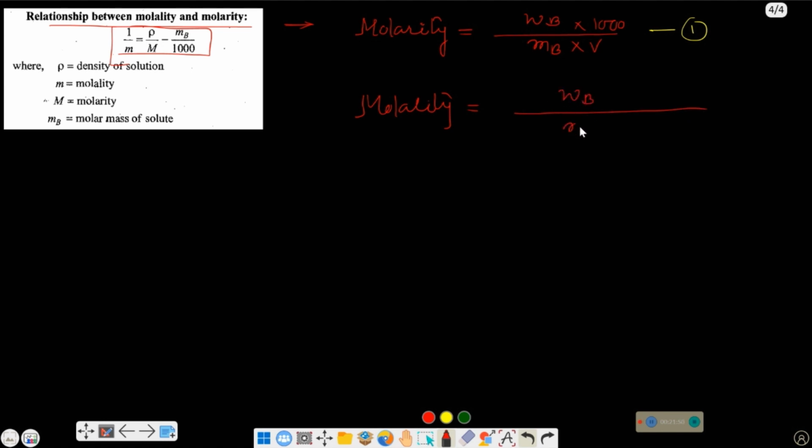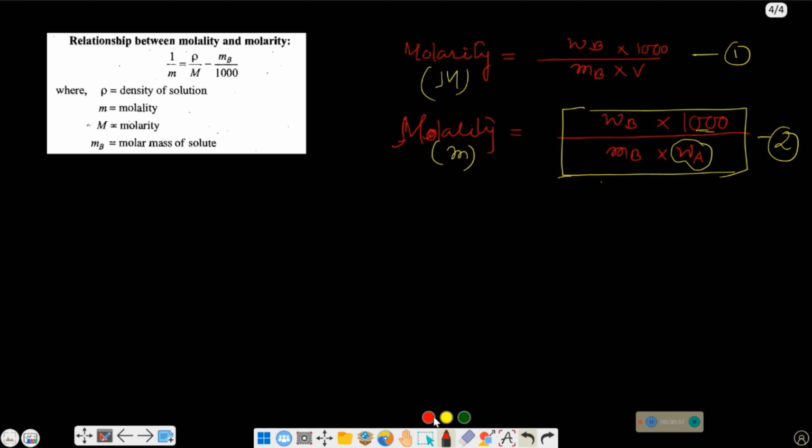Wb, number of moles of solute, over the weight of solvent. The relation between molality and molarity is given by this particular equation: 1 by molality equals rho by molarity minus the molecular weight of the solute by 1000.